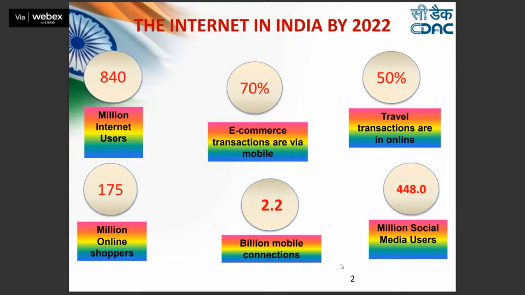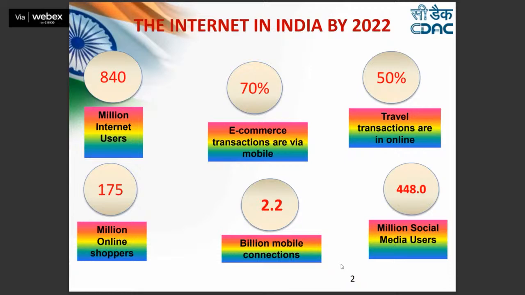Here you can clearly see that there are 840 million internet users overall in India, and 70% of people are doing their e-commerce transactions through their mobile phones, because mobile phones are very easy to carry and very convenient. You can do anything on your mobile phone anywhere, any place. So most people prefer doing e-commerce transactions through their mobile phones.